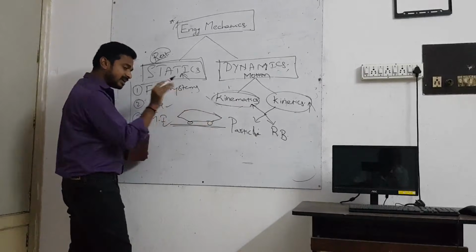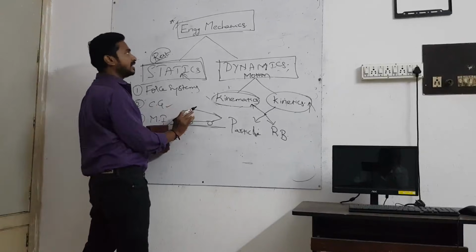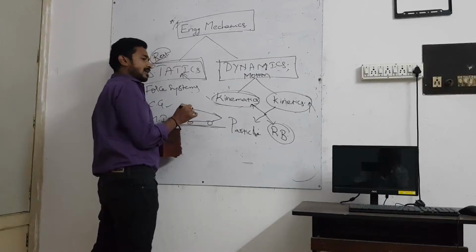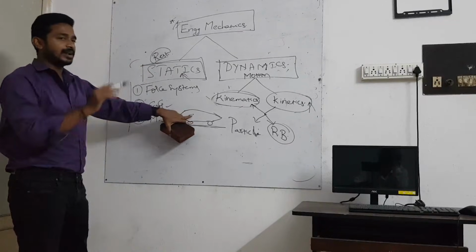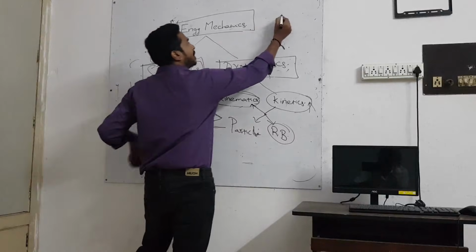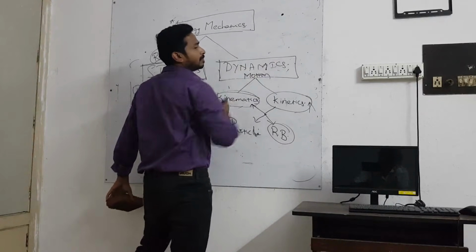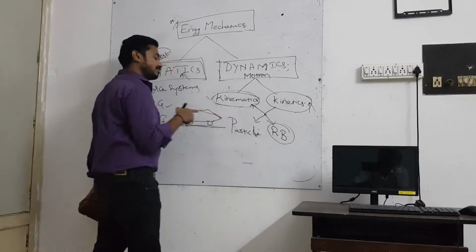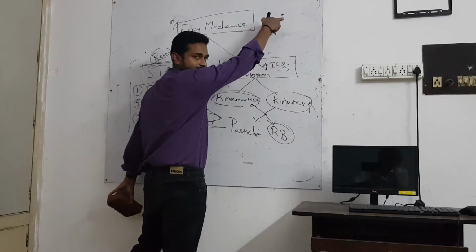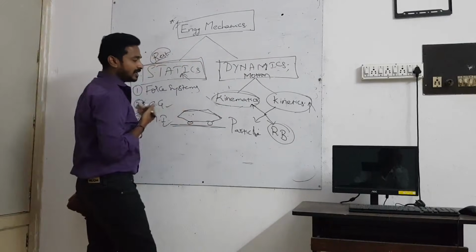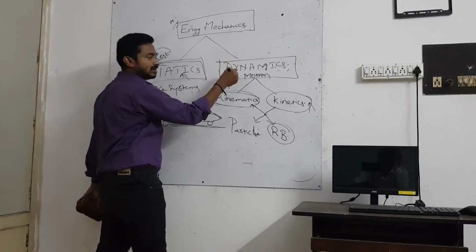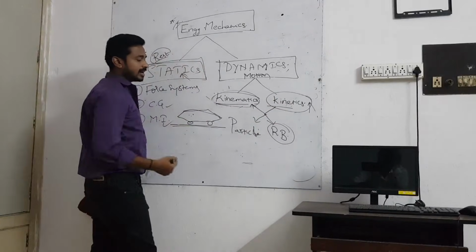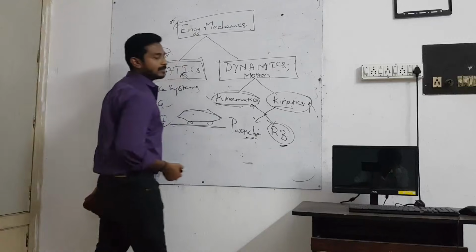That huge body will be considered, as long as we are dealing with mechanics, as a rigid body. The same aeroplane, the same flight, if it flies in the sky, then it looks like what? A particle. So the same plane will be considered as a rigid body, and the same plane will be considered as a particle. So we can apply this mechanics, dynamics, kinematics to kinetics, if you consider your body as a particle or a rigid body.